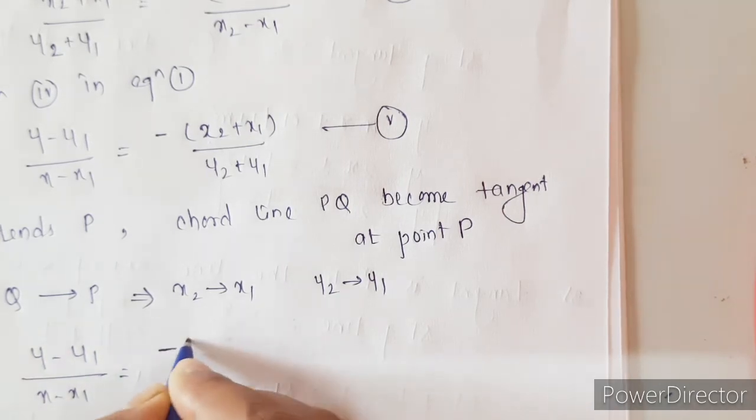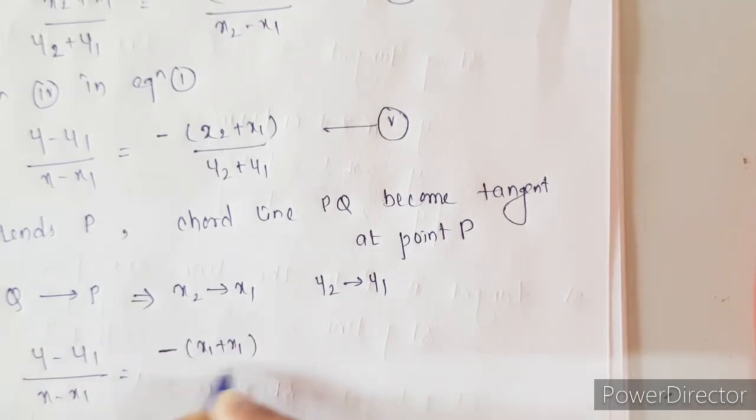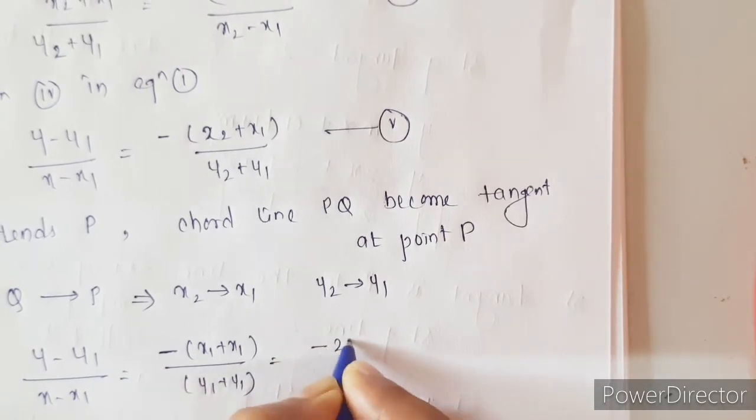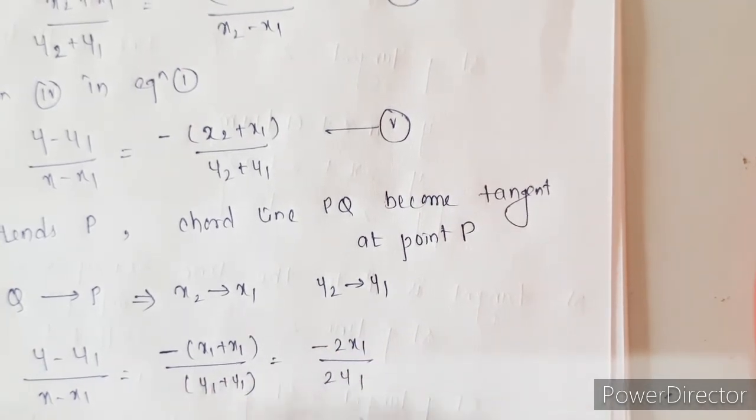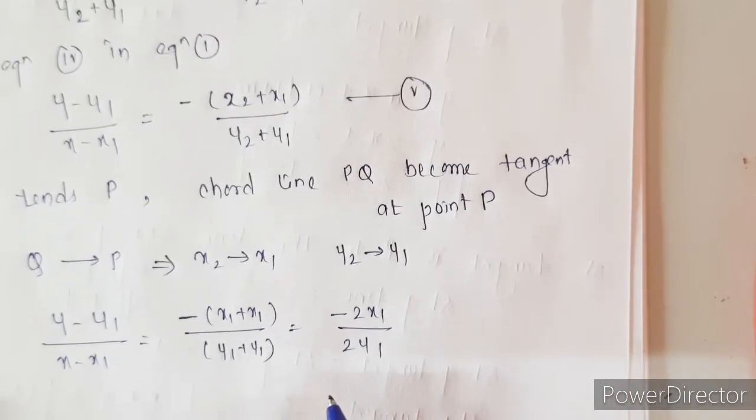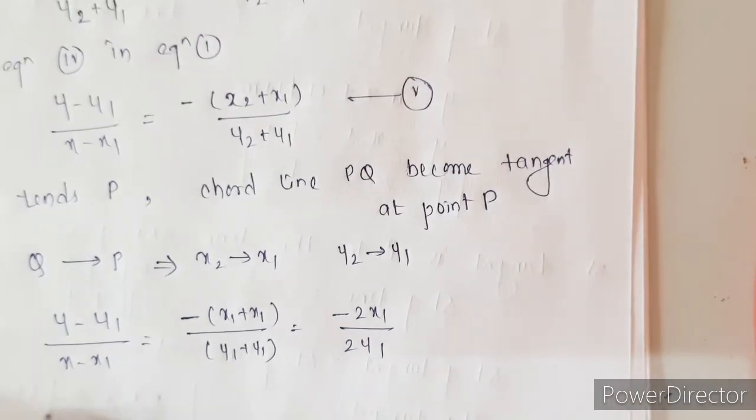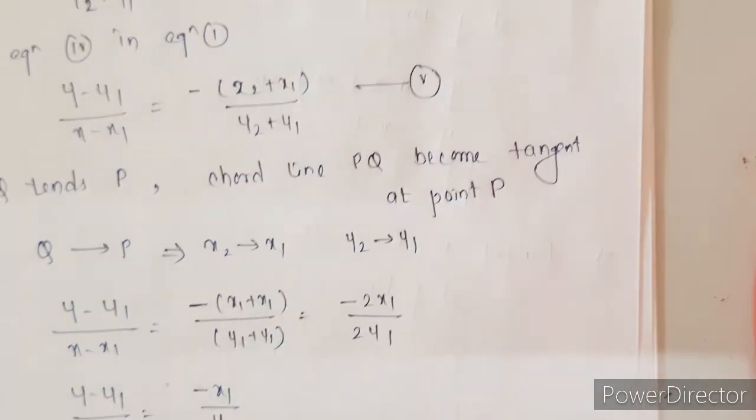So we can write this as minus x1 plus x1 and y1 plus y1, which is nothing but minus 2 times x1 upon 2 times y1. So what we have is y minus y1 upon x minus x1 equals minus x1 upon y1.